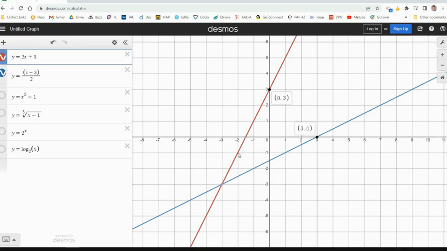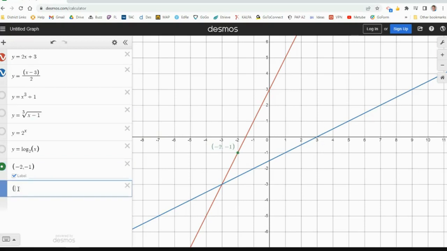I'll just make the point negative 2, negative 1. And we also have the point negative 1, negative 2. Make those two points. The y equals x line, says Ryan.